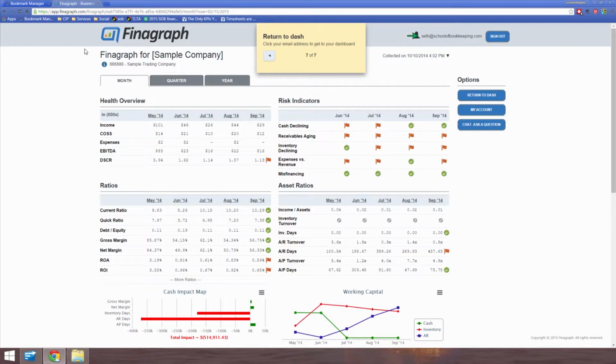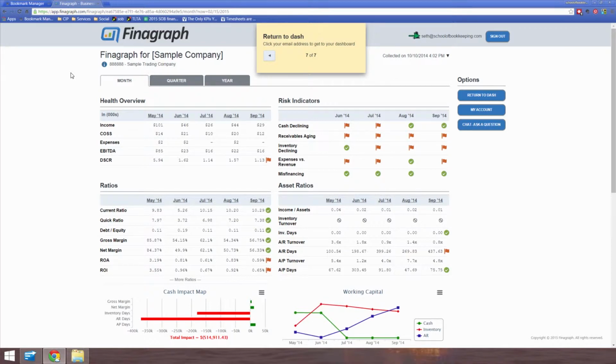And as I mentioned, you may want to start off with a sample company file so they don't get freaked out by the fact that you took their financial data and put it into a product without their permission. You know your clients better than I do, so you know which ones would be bothered by that and which ones would be okay with it. Ultimately, you're going to want to ask them, hey, would you like to see your own information in here? And they'll probably be excited enough by the time you've asked them that question that they're going to say, of course, yes, how do we do that?